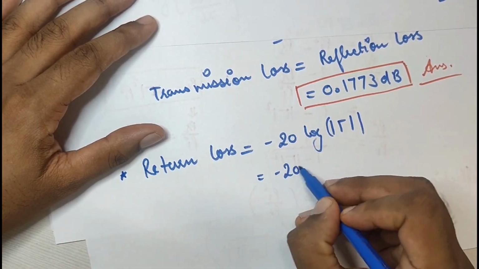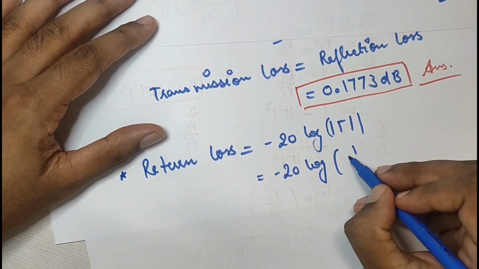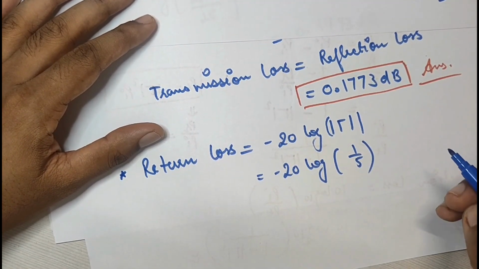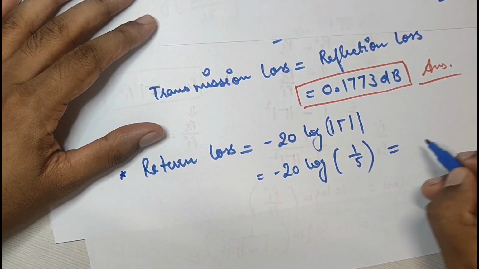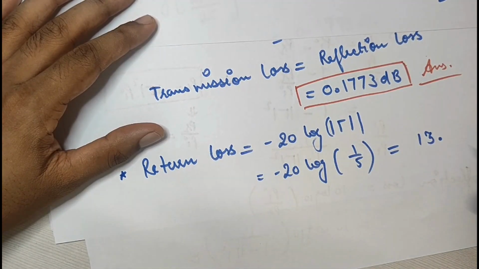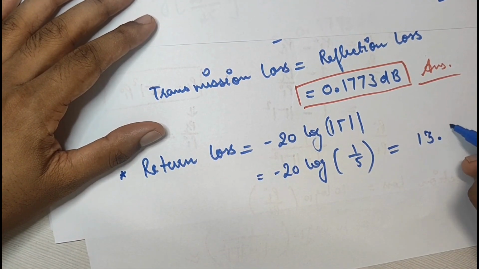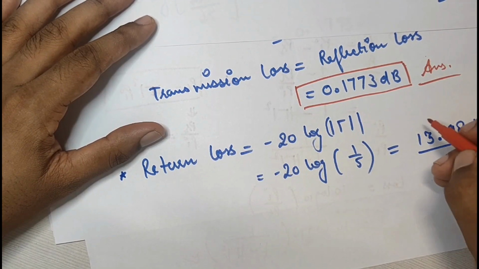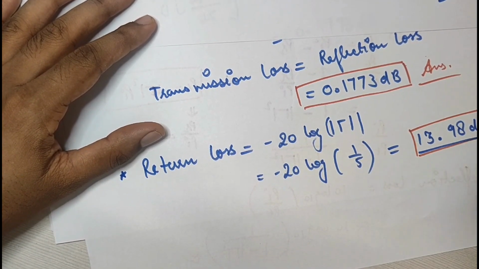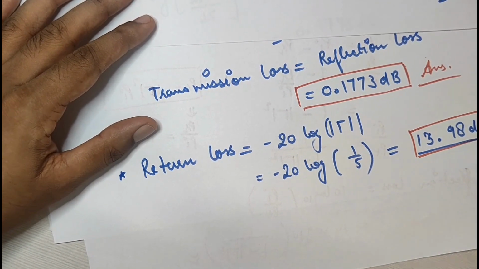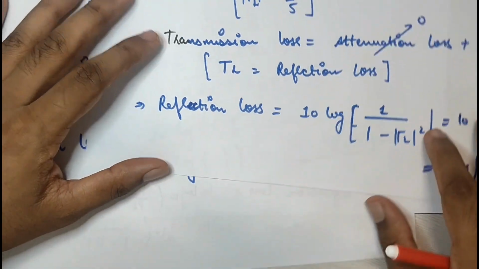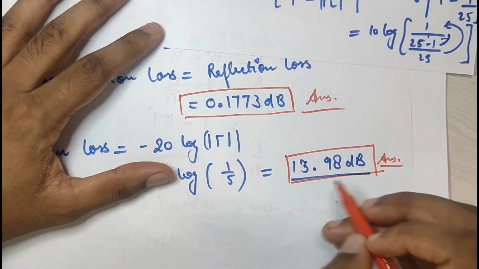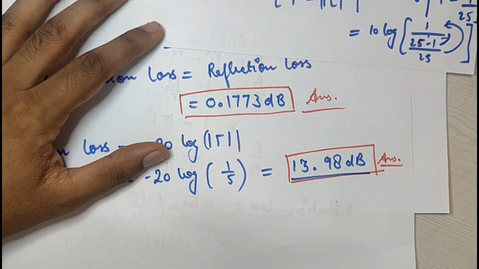Minus 20 log 1 by 5. That is nothing but 1.398 dB. This is the second answer.